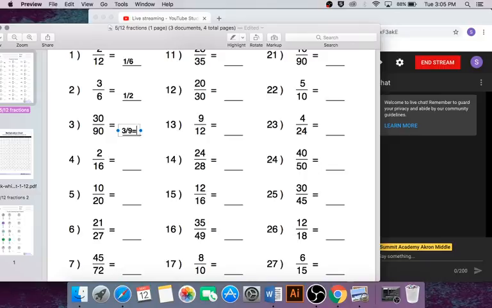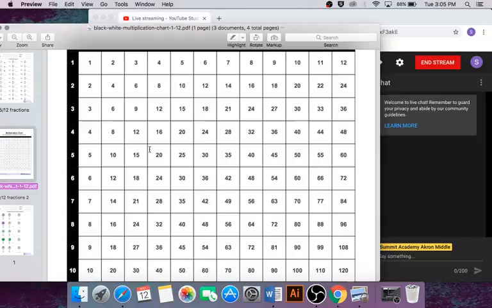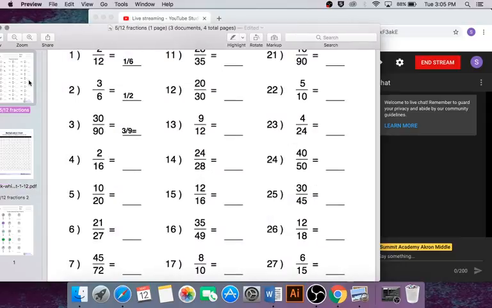But that's also not simplified yet, because there's a number that goes into both 3 and 9. So if we go back to our multiplication chart, 3 goes into 3 one time, and 3 goes into 9 3 times. So here, it's actually going to be 1/3 when it's simplified in its entirety.